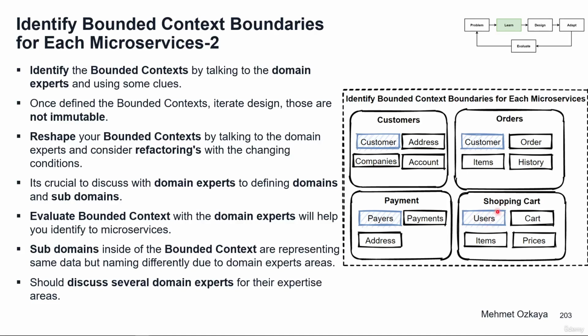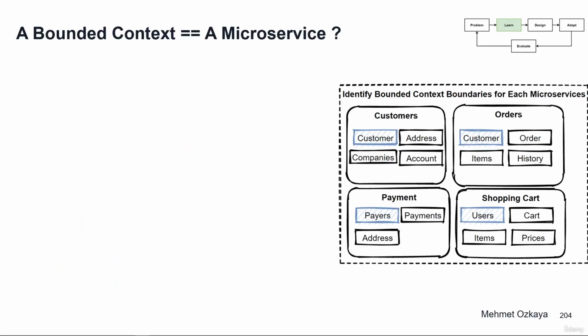According to the domain expert, these names could change, and we should identify and understand them clearly by talking to domain experts. Now the question comes, which is the actual question for us: is a bounded context equal to a microservice?